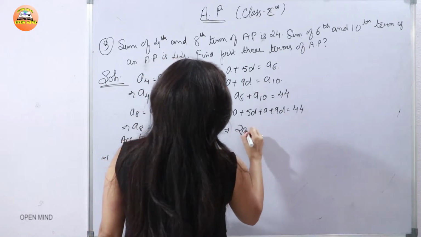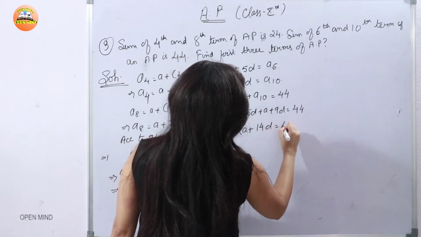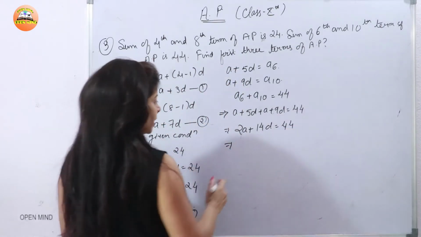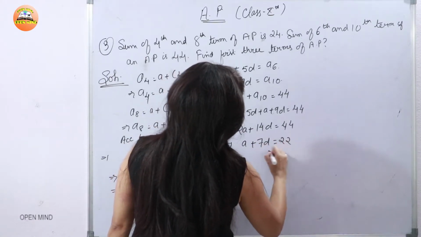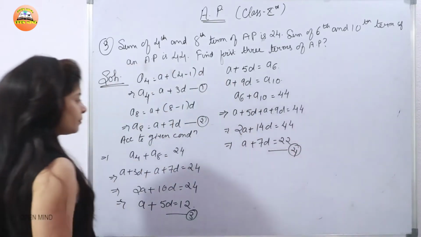So this implies 2a plus 14d is equal to 44. Again we divide the entire equation by 2. We get a plus 7d is equal to 22. Put it as equation number 4.